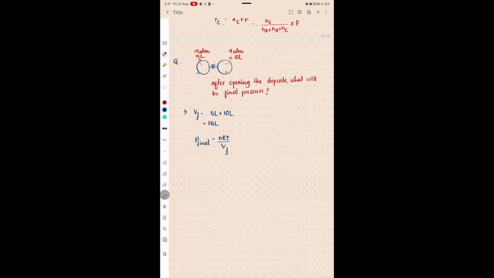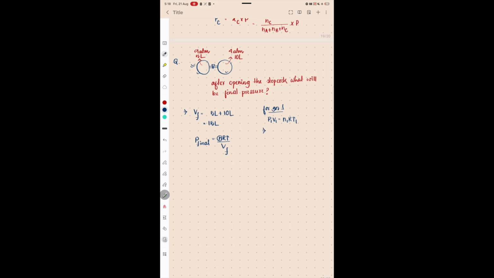So you can see that V final we have calculated, but n final is basically moles of gas A plus moles of gas B, but here the moles of the gases are not given, so we need to calculate them. So how we'll calculate? For gas 1, let's say for gas 1 I am considering this as gas 1, right? So what is that? P1 V1 is equal to n1 RT1, let's say.